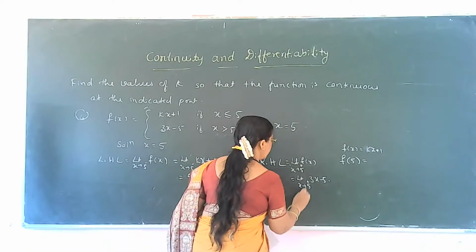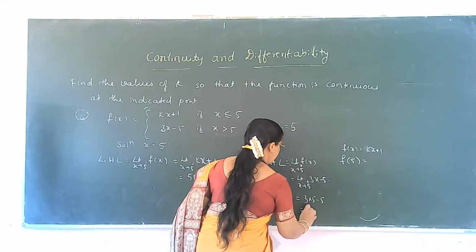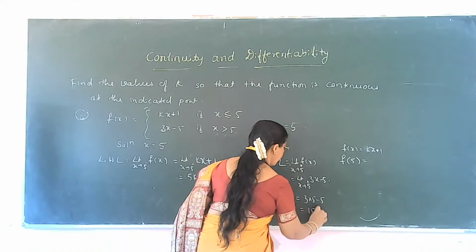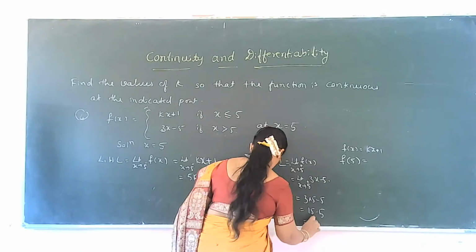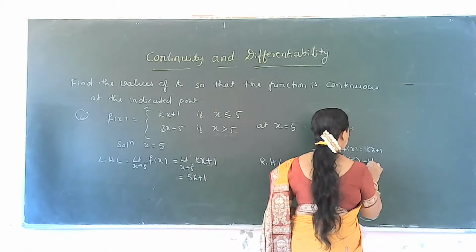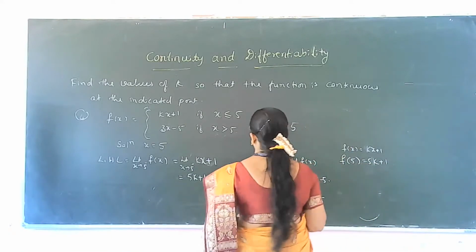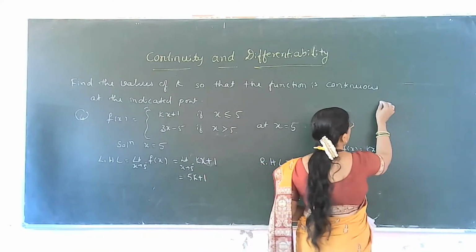Here 3 into 5 minus 5, therefore 15 minus 5, which is equal to 10. Here also 5k plus 1. We equate these things.